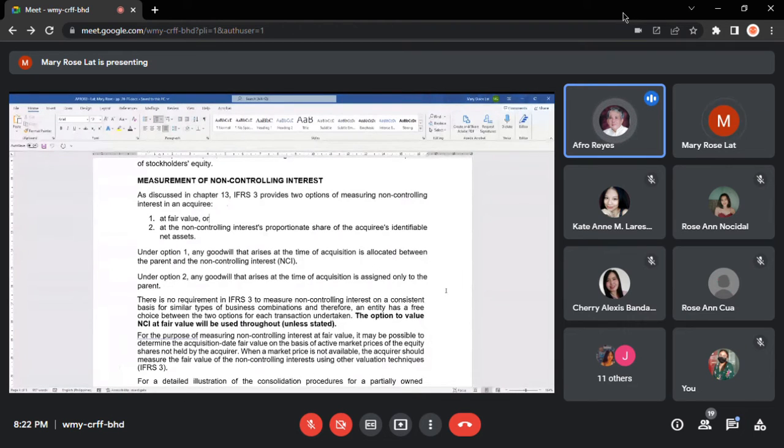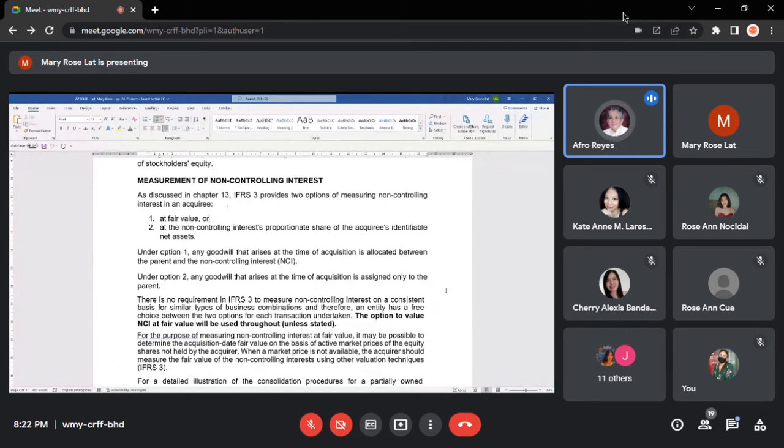Mas malinaw yun, no? Kasi ang pinag-uusapan natin dito ay acquisition through purchase of stock. Okay, so malagang tandaan ninyo yan, ano?